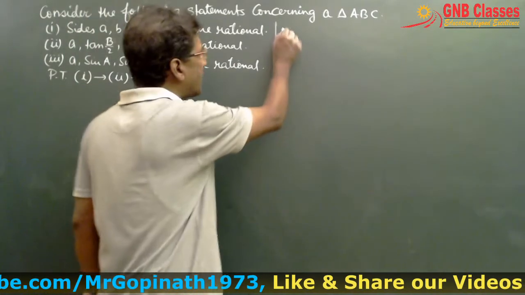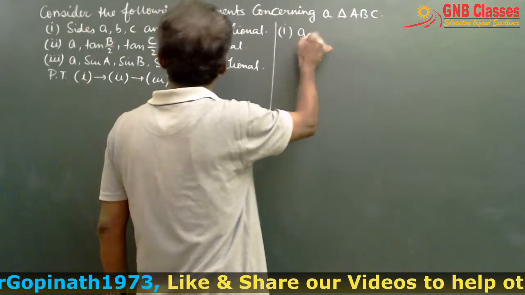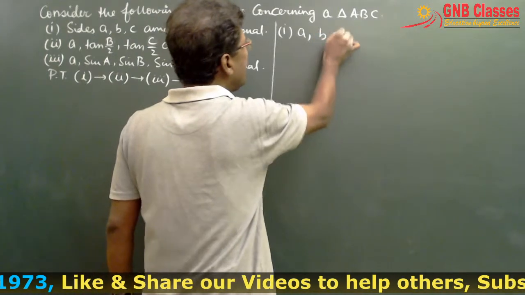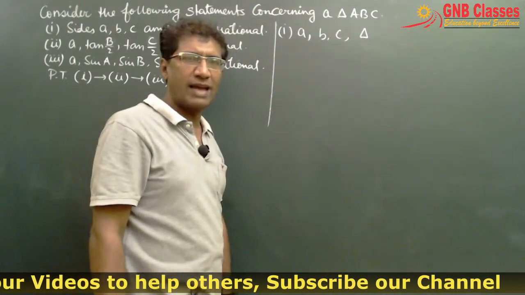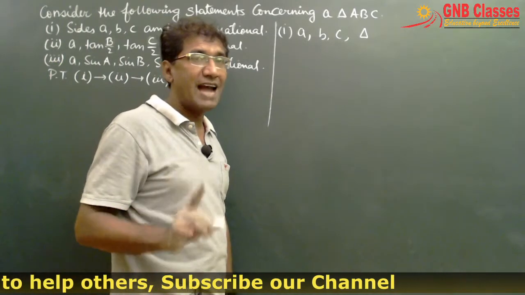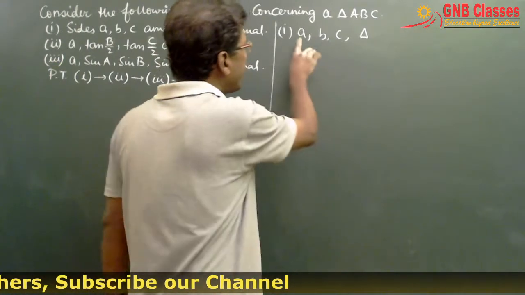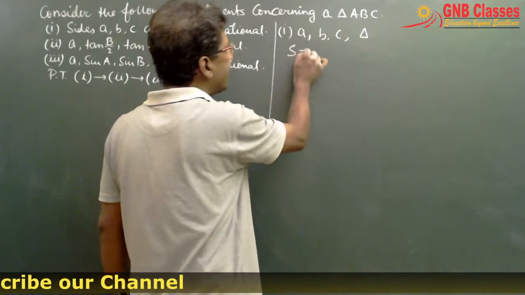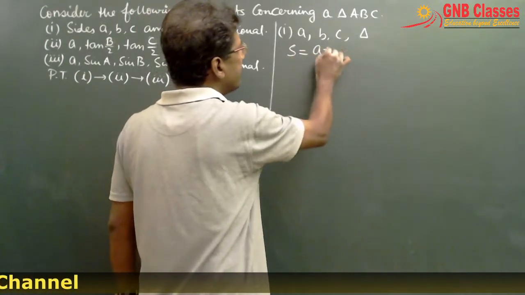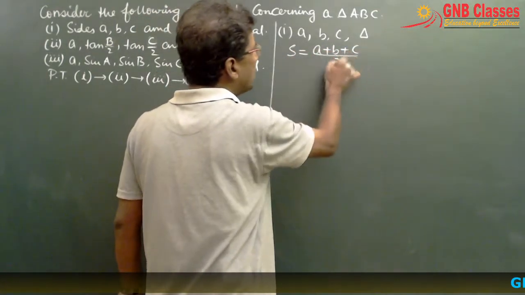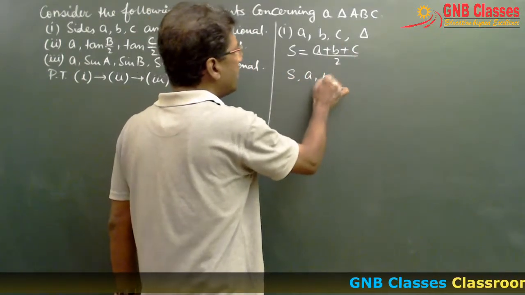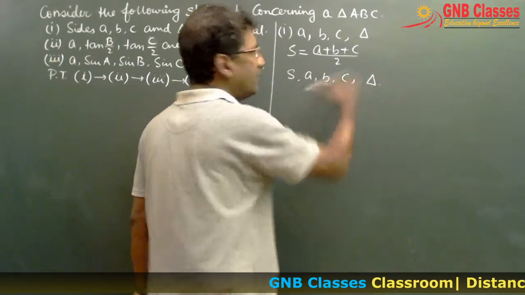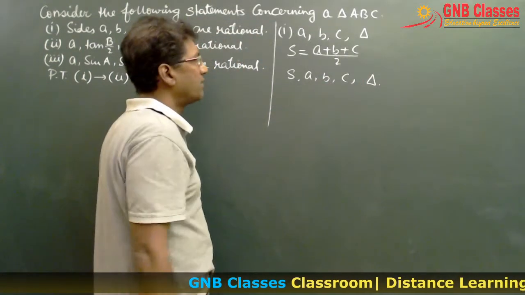You see, in the first statement, they have given us that a, b, c and the area of the triangle ABC are rational. So if a, b, c are rational, then you can say that s, which is nothing but (a+b+c)/2, is also rational. Therefore, s, a, b, c and del, they are all rational.